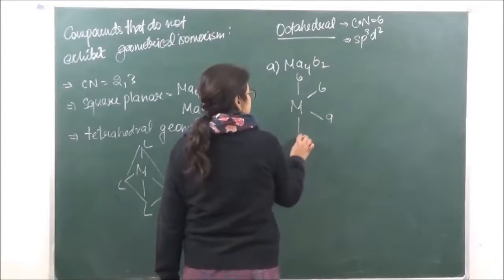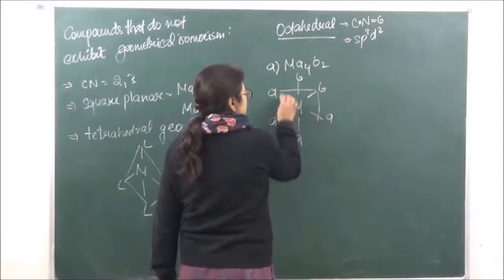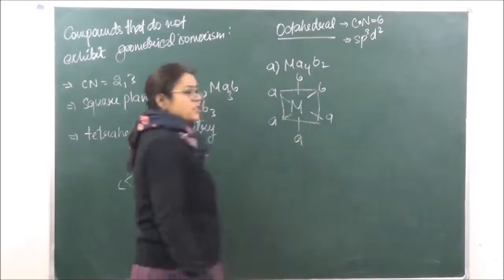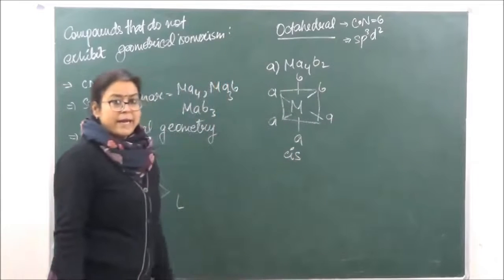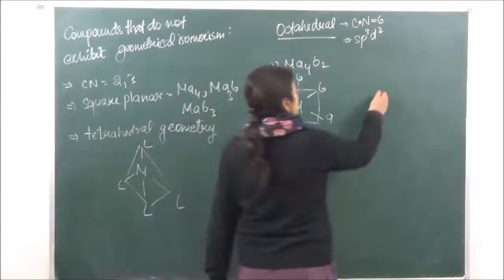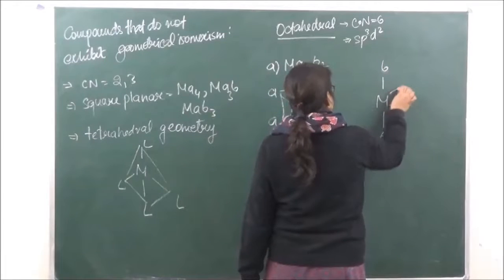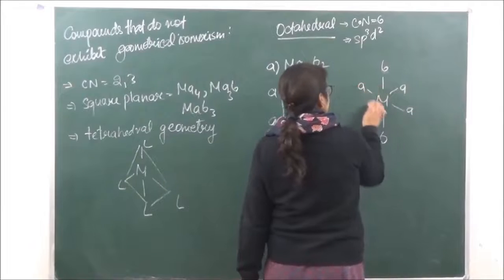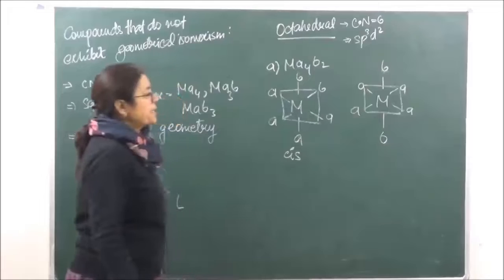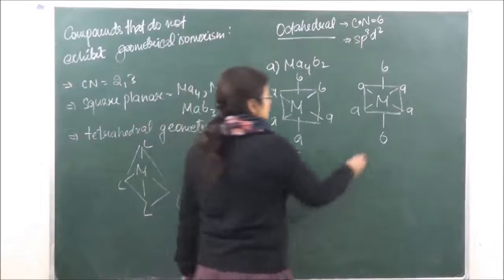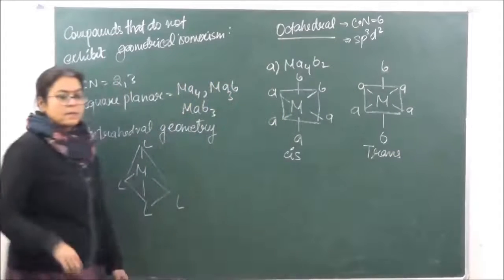Over here, if the position of B is adjacent to each other, so you can see that B is adjacent to each other. Therefore, this is known as the cis form, right? And if they are opposite to each other, so you can see over here that B is opposite to each other, this is going to be trans.